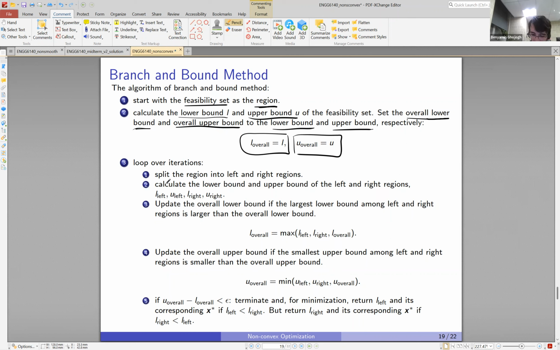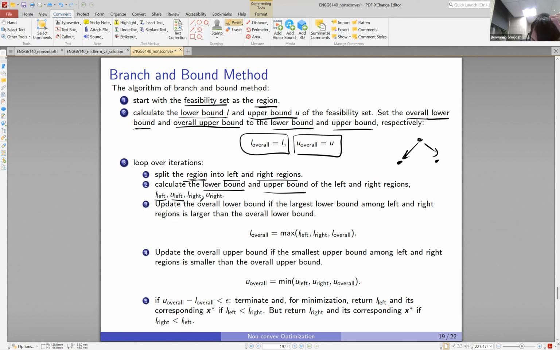Again, calculate the lower bound and upper bound of the left and right regions. In each region, calculate the lower bound and upper bound. Let the lower bound and upper bound of the left region be denoted by L left and U left, respectively.